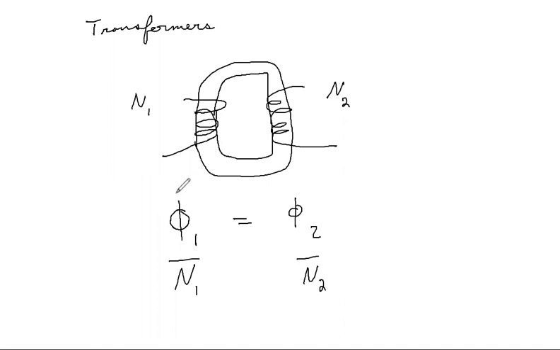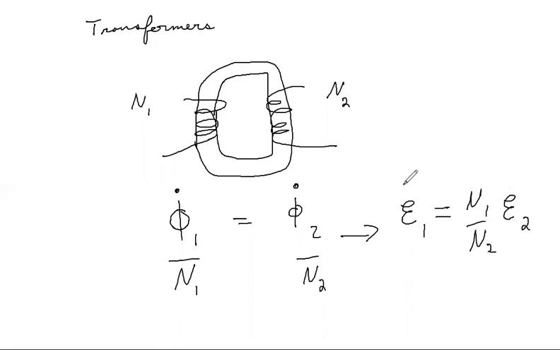If you take a time derivative on both sides, we can conclude that the EMF of 1 is going to be N1 over N2 times the EMF across 2.